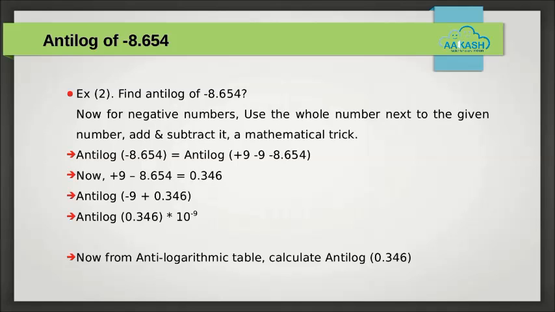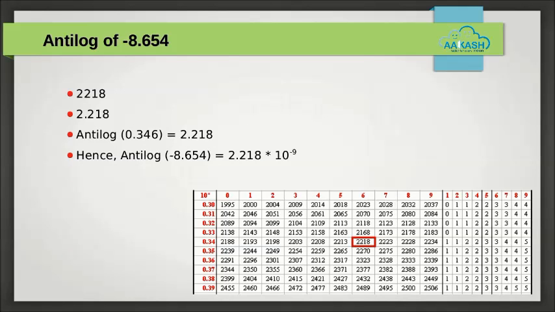Now from the antilog table we will calculate antilog of 0.346. Therefore open the antilog table and find the number 0.34 in the first column of the table, and move to the row of 0.34 and stop at the column number 6, as 6 is the next digit after 0.34 in the given number. Make a note of this value obtained at the intersection of row number 0.34 and column number 6.